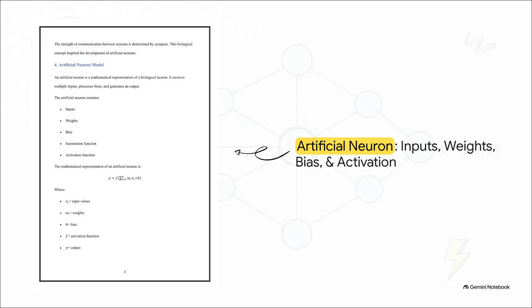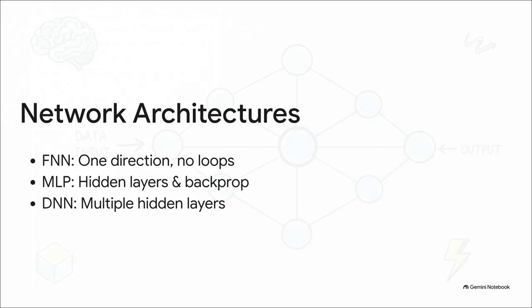You can really just think of weights as a measure of importance for each input. Then it adds a bias to shift the baseline, which basically ensures the neuron can activate even when all your inputs are zero. Finally, it takes that entire mathematical sum and passes it through an activation function to get your output. If you see a short answer question on neuron components, just remember those four: inputs, weights, bias, and the activation function.